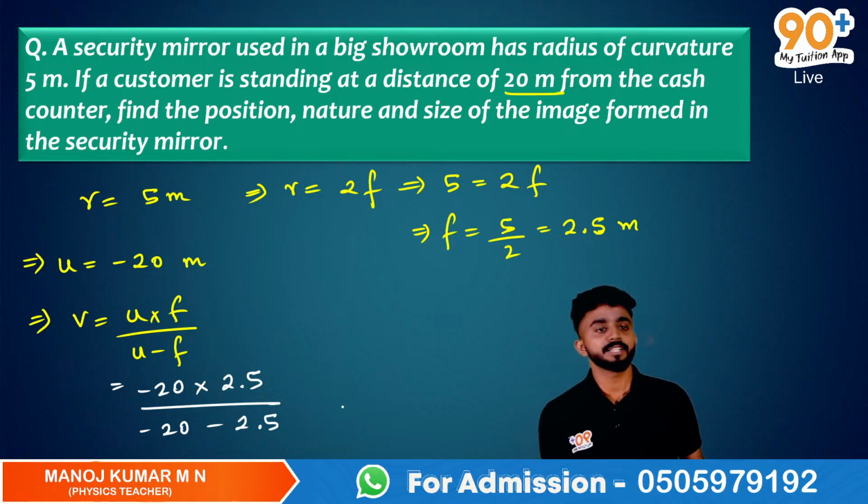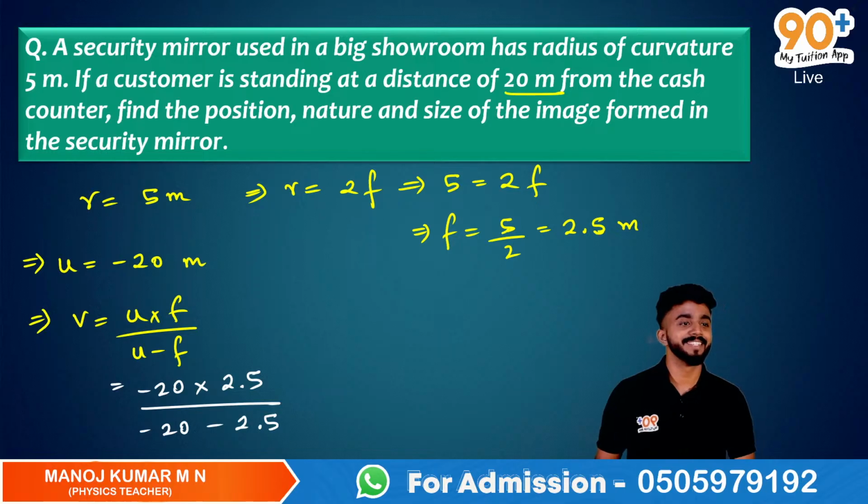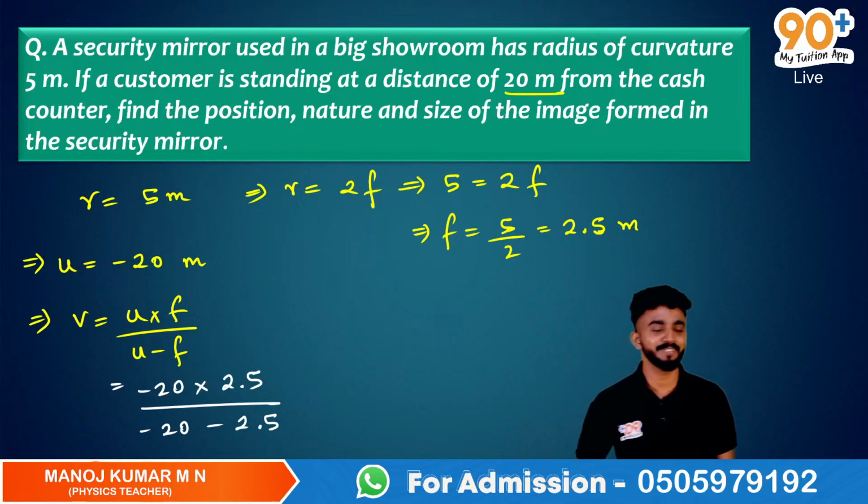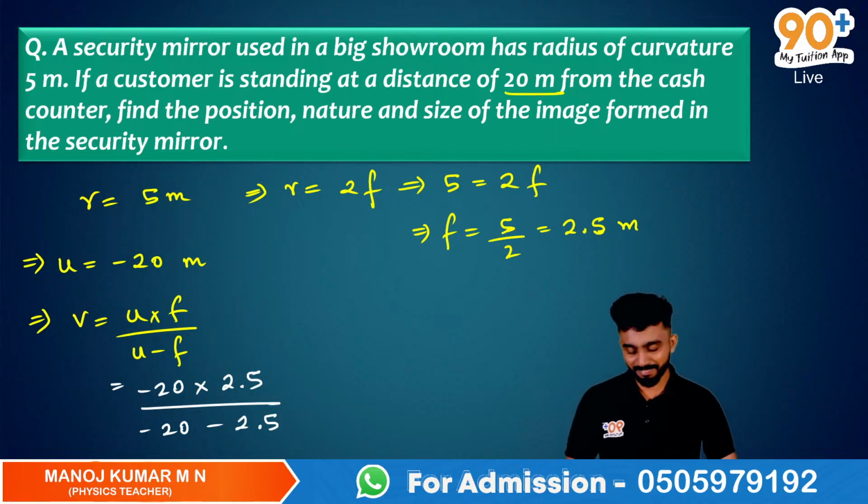So guys, how much will you get? Everyone calculate. This is confusing because you got the values in meters, right? That is why it is confusing. So you can calculate 20 into 2.5, you will get 50.